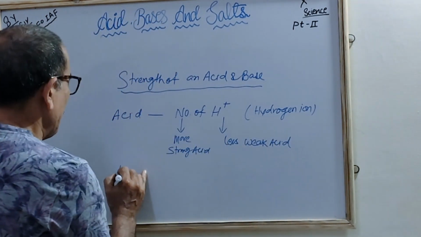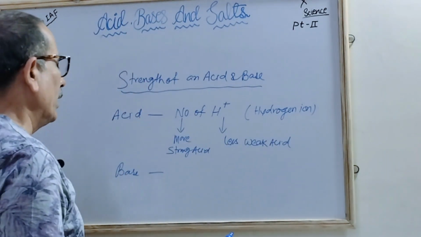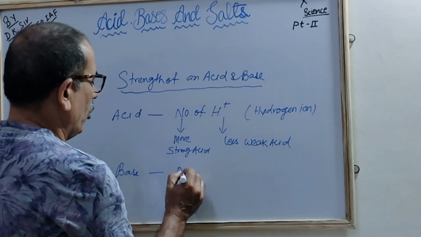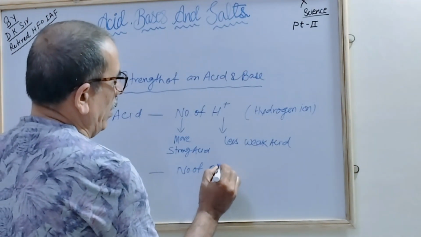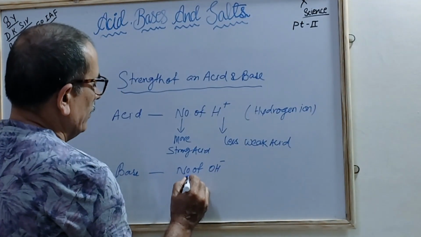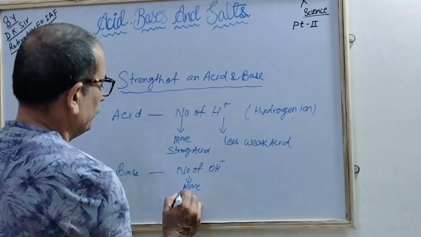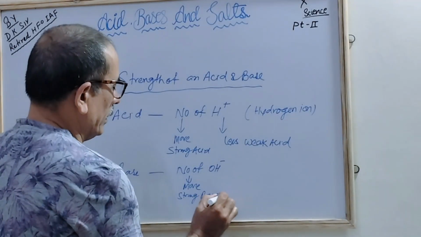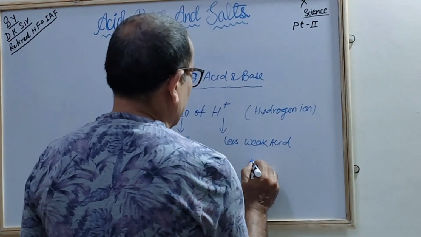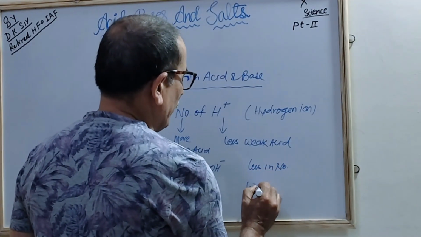The same thing happens with the base. In the base, the alkali, whatever you say, if the number of OH minus ions is more, then it is a strong base, correct? If it is less in number, then it becomes a weak base, correct?